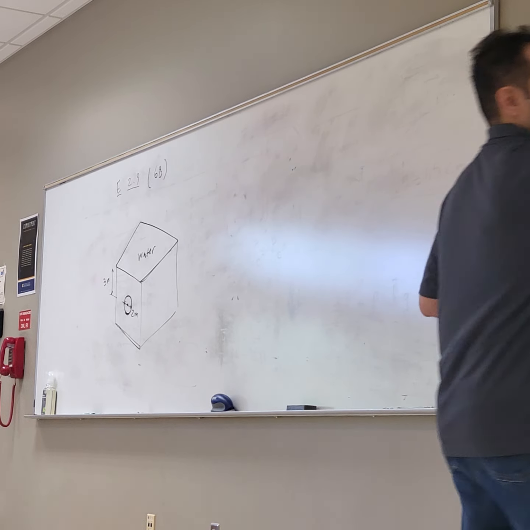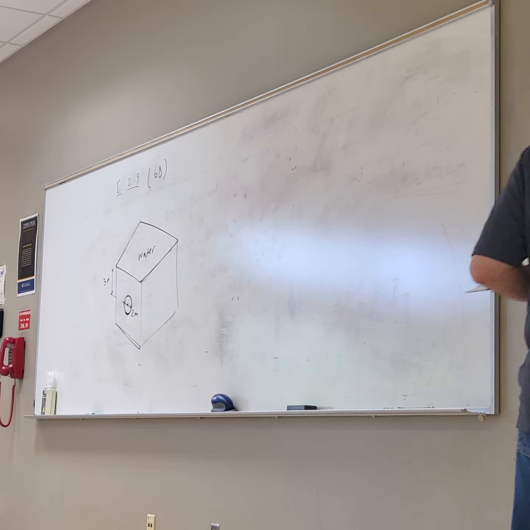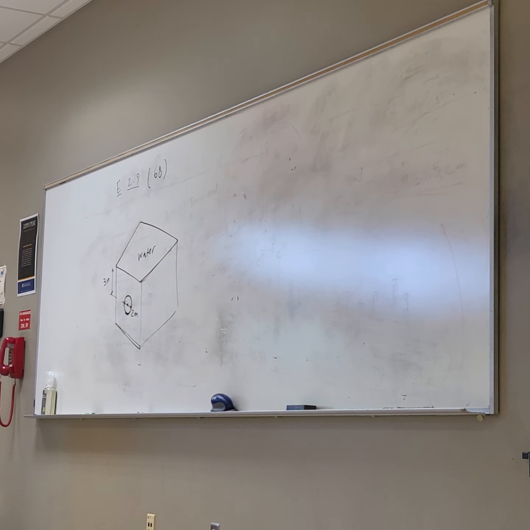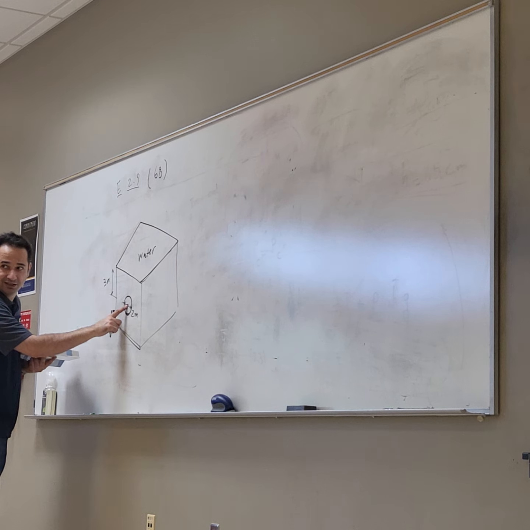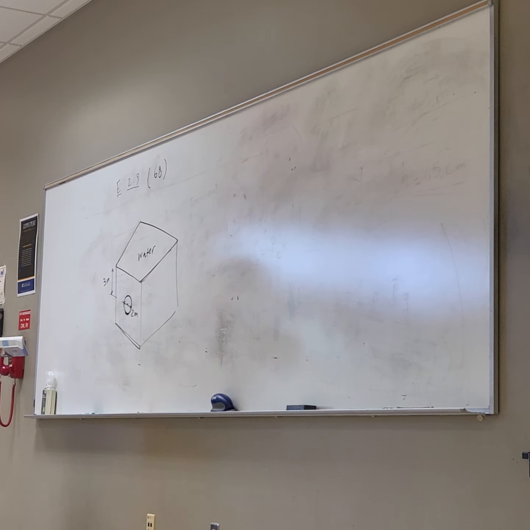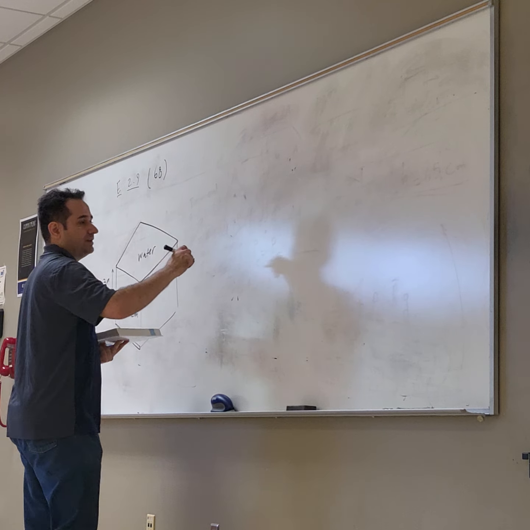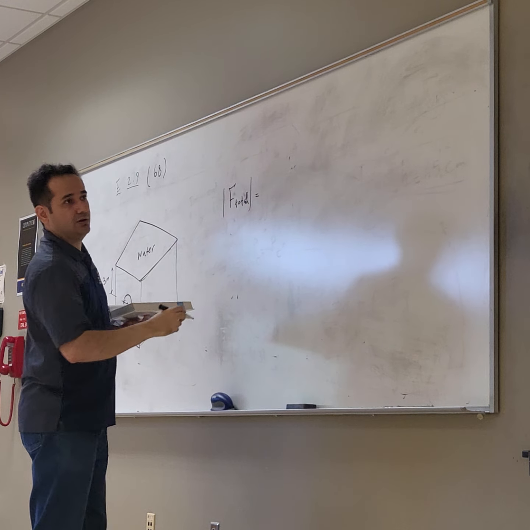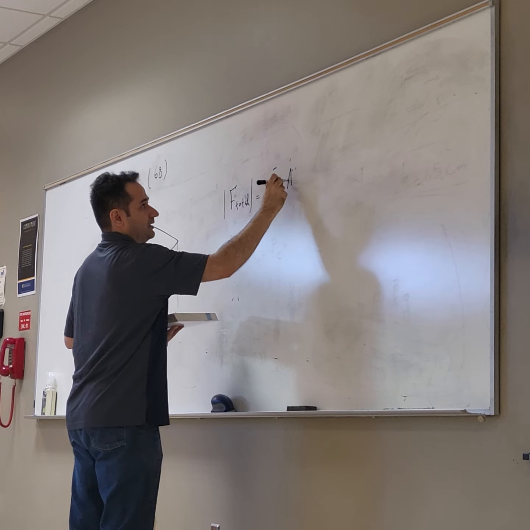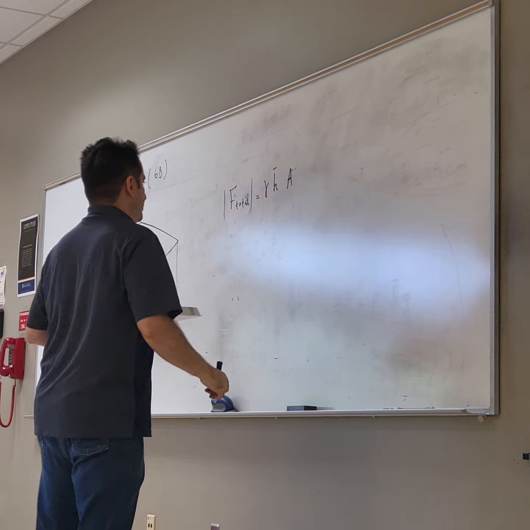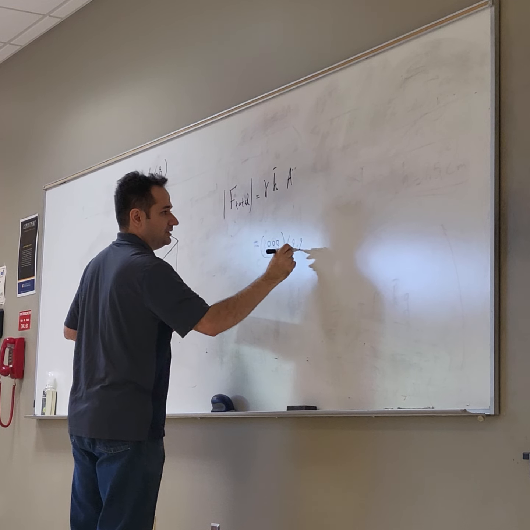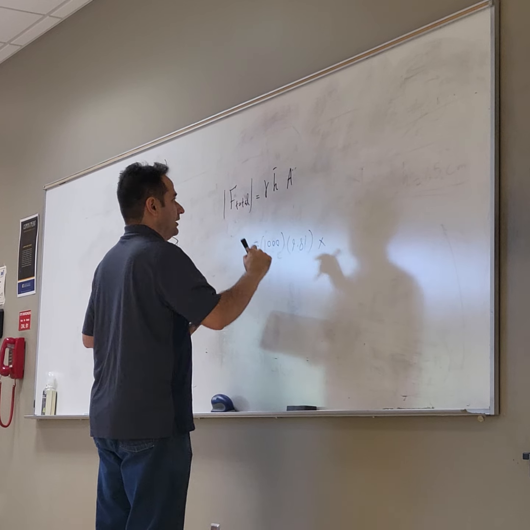How do you get that? Using this relation. And also the location of the force acting on it. Where is the location? Well, it's not the centroid, right? It's a little bit below the centroid. We just discussed it. So how can I compute it? Just use this formula. The magnitude of the force, F total, is equal to gamma h bar A. So gamma is rho g, so 1000 times 9.81, times h bar.